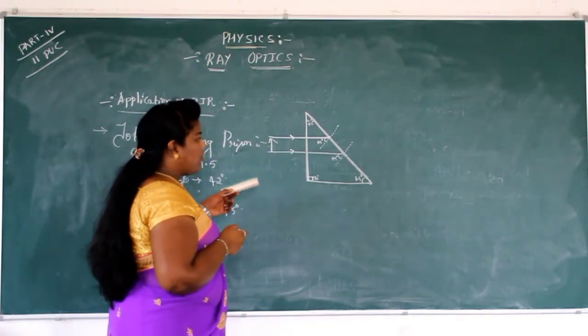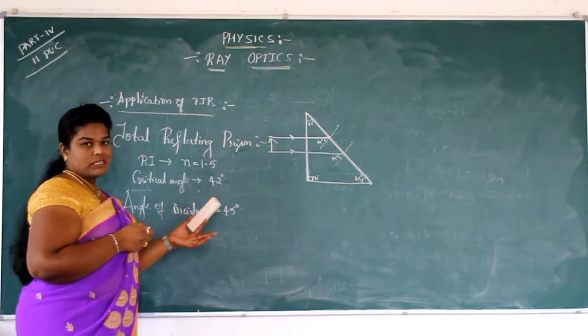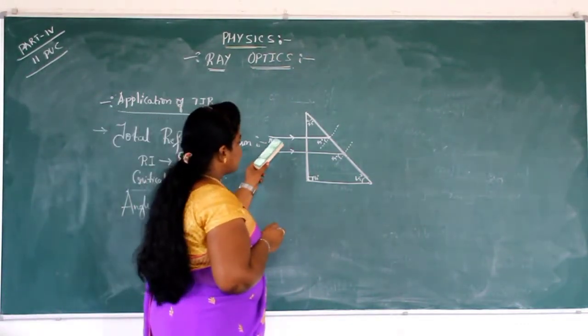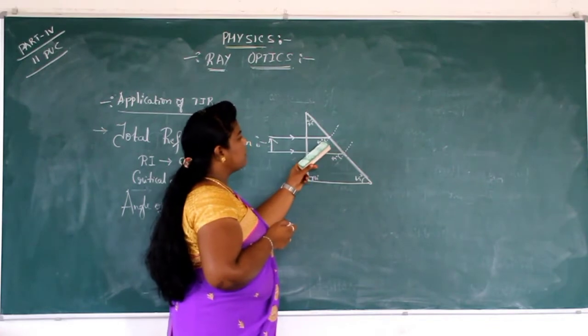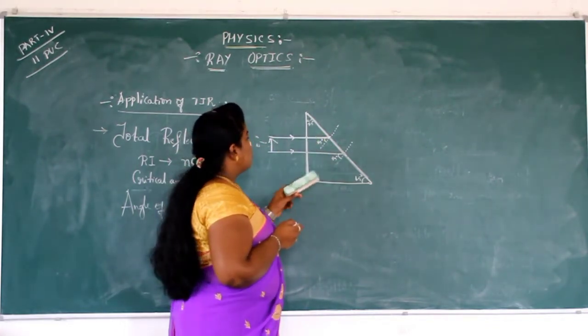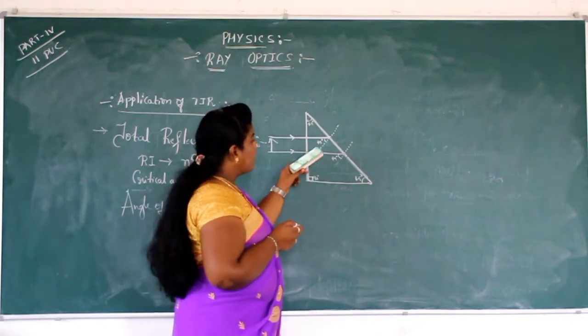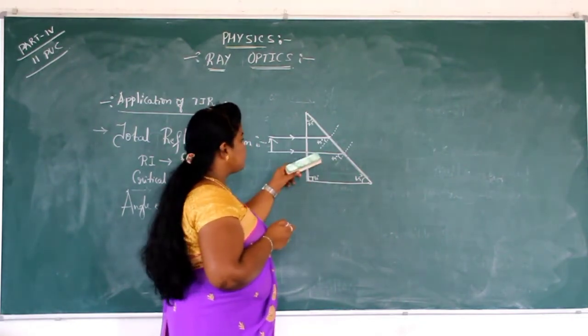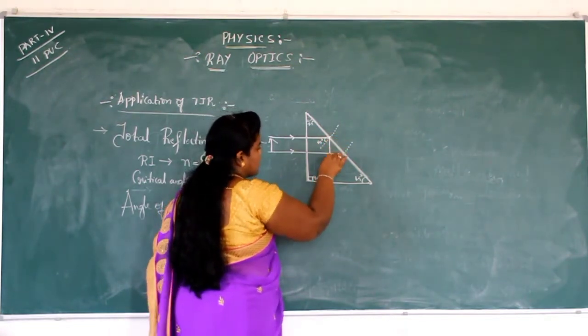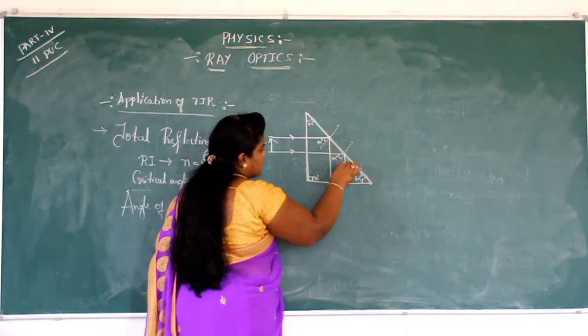Already I said that this is a total reflecting prism. So when a ray of light is incident on one side of an isosceles right-angled prism, the light ray reflects back. The light ray totally reflects, so it reflects in this way.